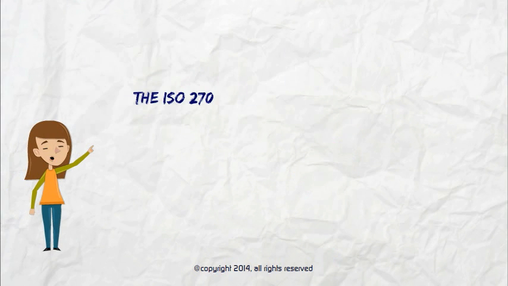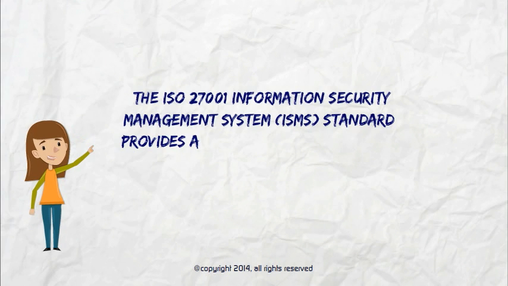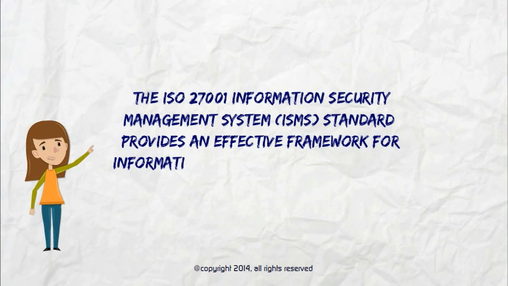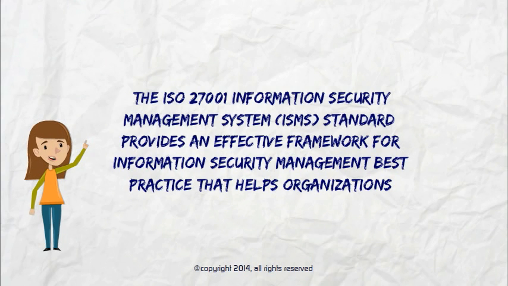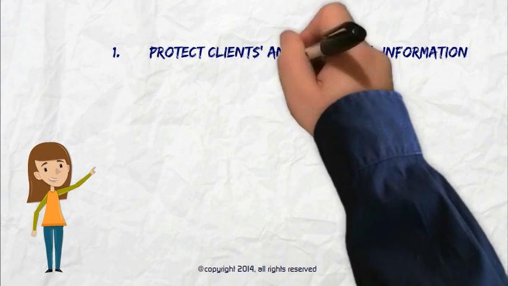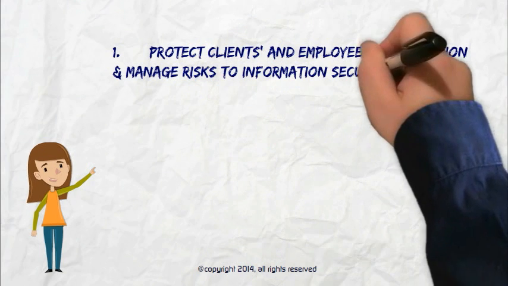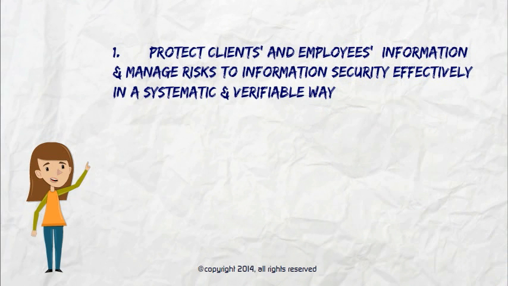So, please remember that the ISO 27001 Information Security Management System (ISMS) standard provides an effective framework for information security management best practice that helps organizations with the following. 1. Protect clients' and employee information and manage risks to information security effectively in a systematic and verifiable way. 2.